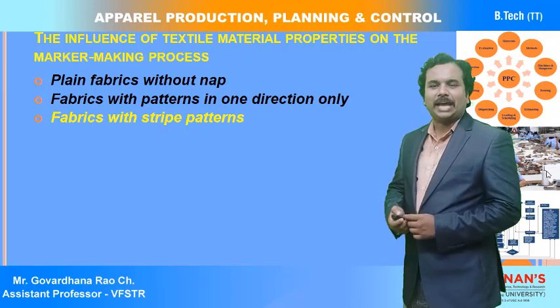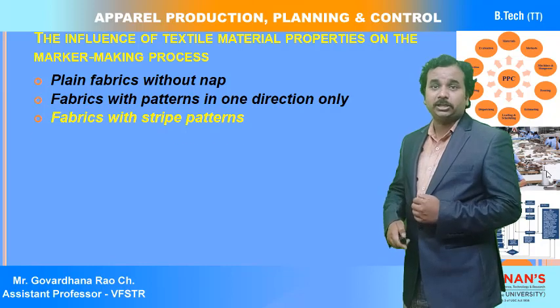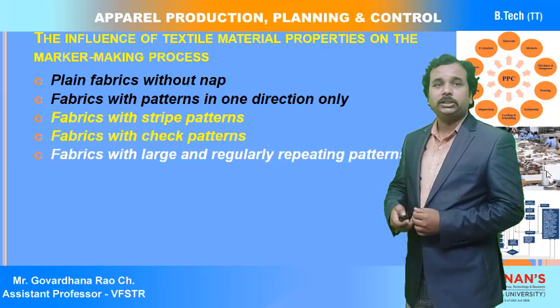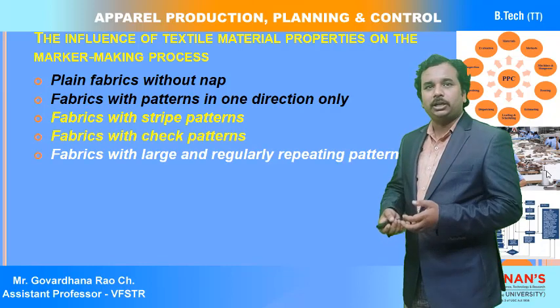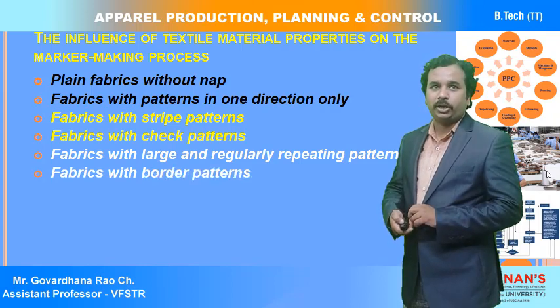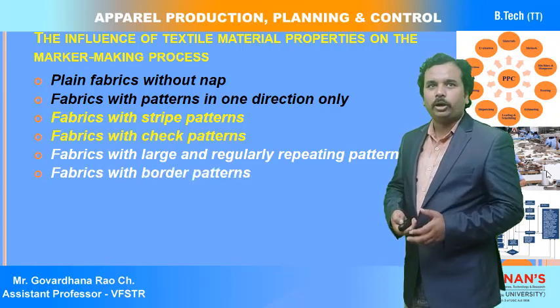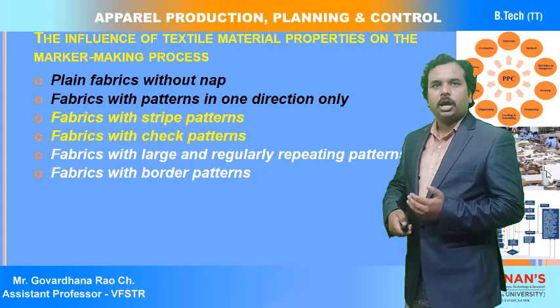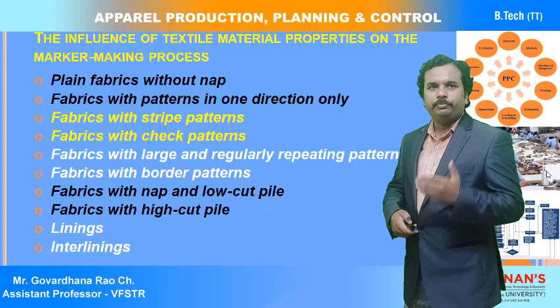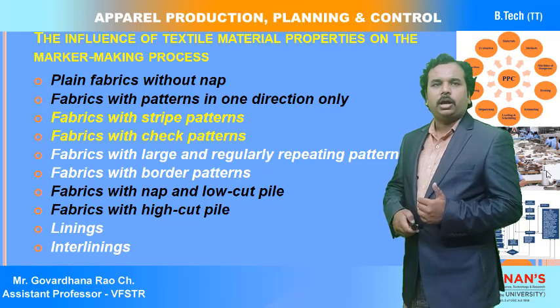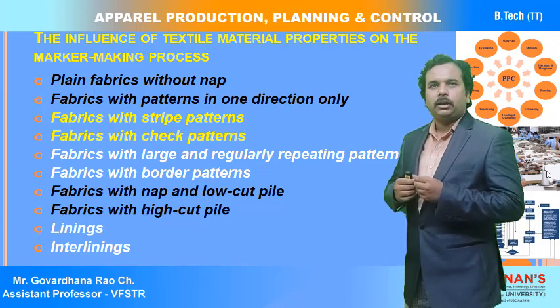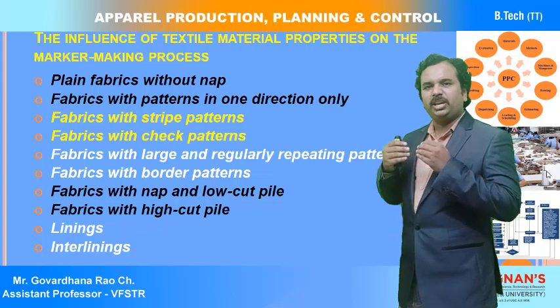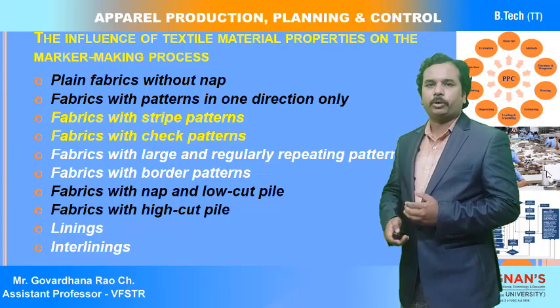The grain lines have to be matched for checks and stripe patterns, and fabrics with large and regular repeating patterns also need more time, and influence the marker making process. These are the few things I have listed out on how these properties influence the marker making processes.